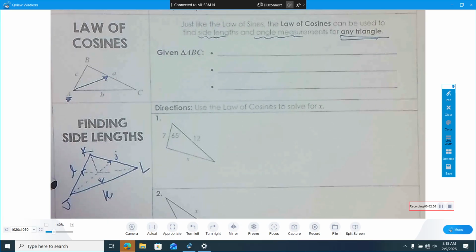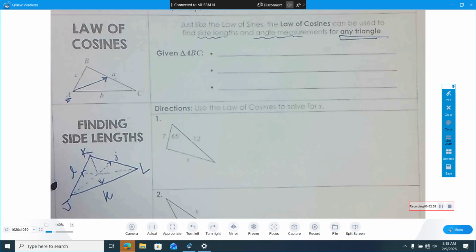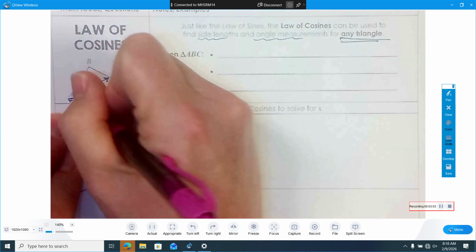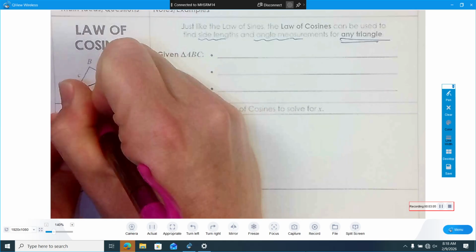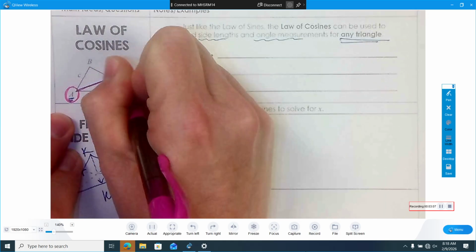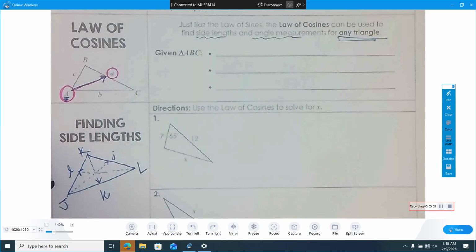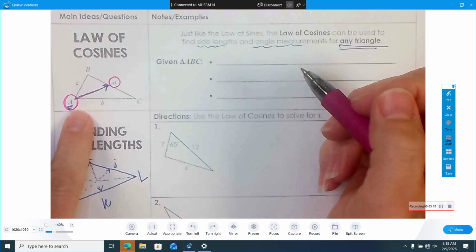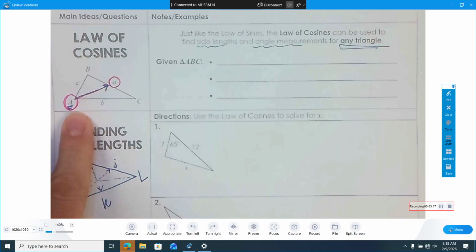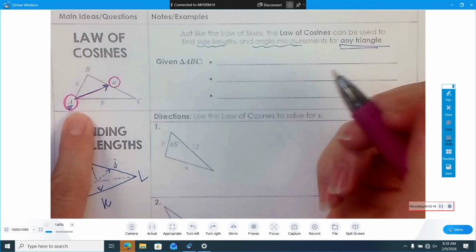So here is what we've got. First of all, I like to highlight the angle and its opposite side. So once again, we need to have that angle and opposite side connection. And here is, I'm just going to give you one formula. She has it written 3 times, but it's the same thing.